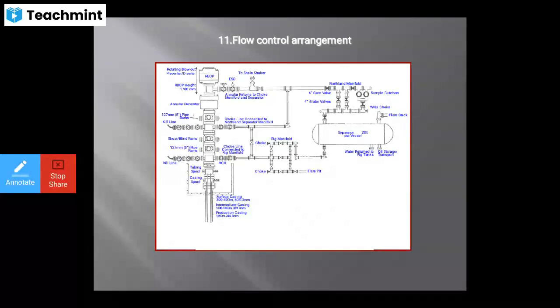Then pipe rams, blind rams of the BOP. Then the kill line is on the left hand side of the choke line. Then your pipe rams are also there, and the preventers. Then the RBOP, you can see the RBOP height is 1700 mm, the rotating blowout preventer, and diverter. So this is your flow control arrangement.